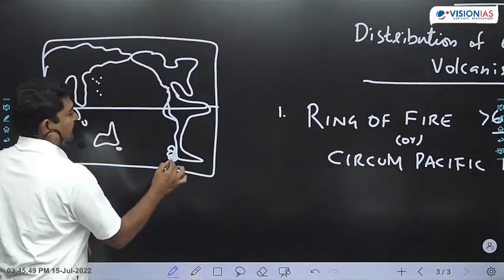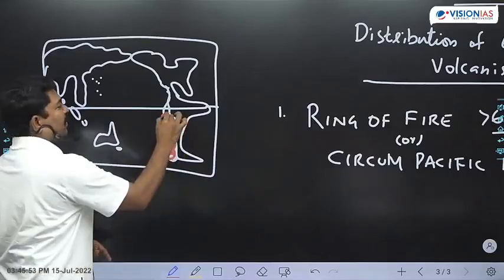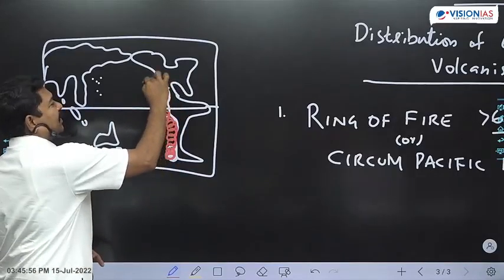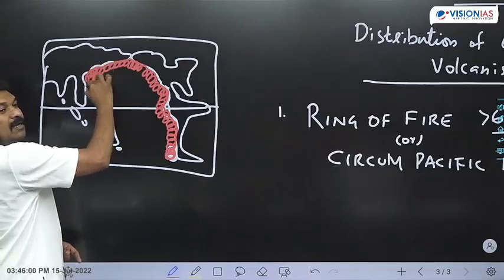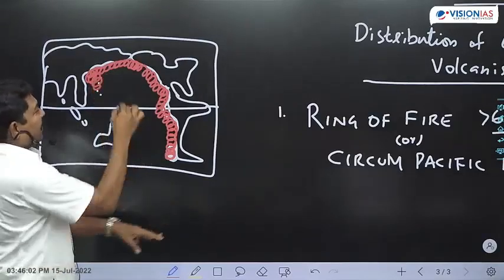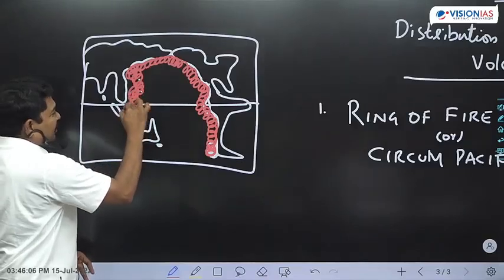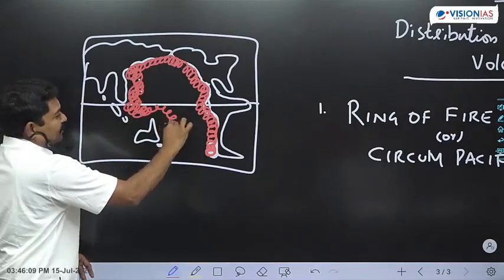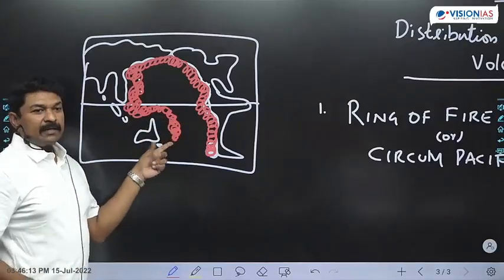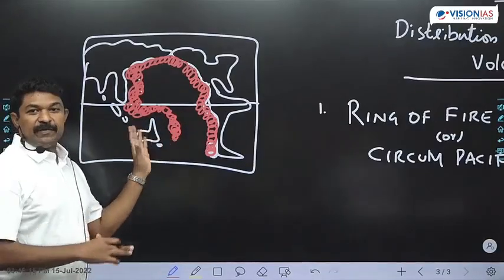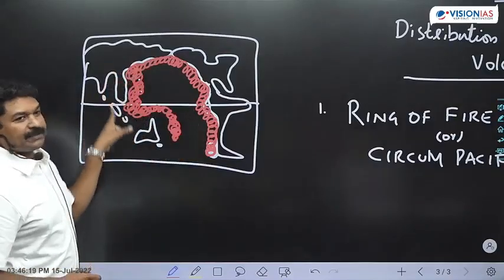Around the Pacific Ocean, right from the tip of South America till Central America, then North America, along Russia, then Japan, Philippines, Southeast Asia, Indonesia, the islands that are present. What are the islands here? They are called the Southwest Pacific Islands. And all these Pacific Islands, all these are the areas.